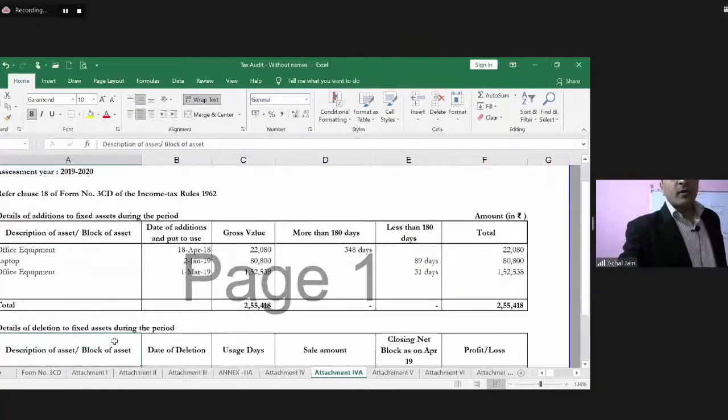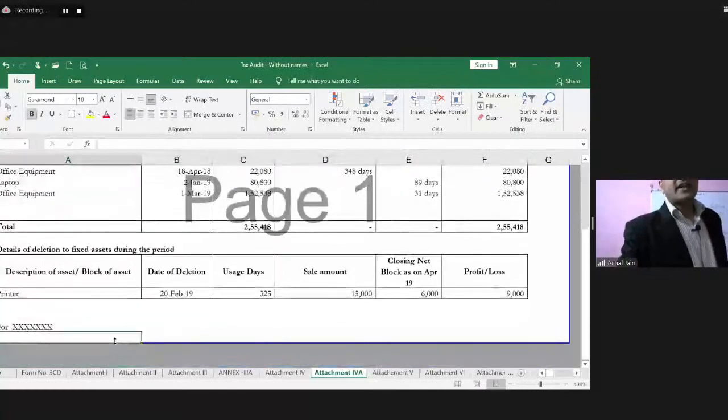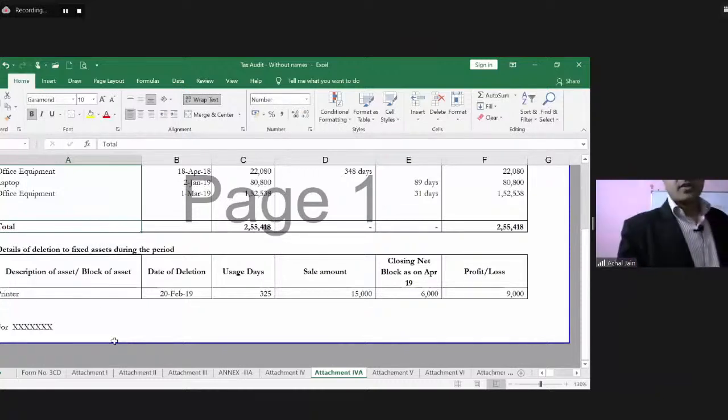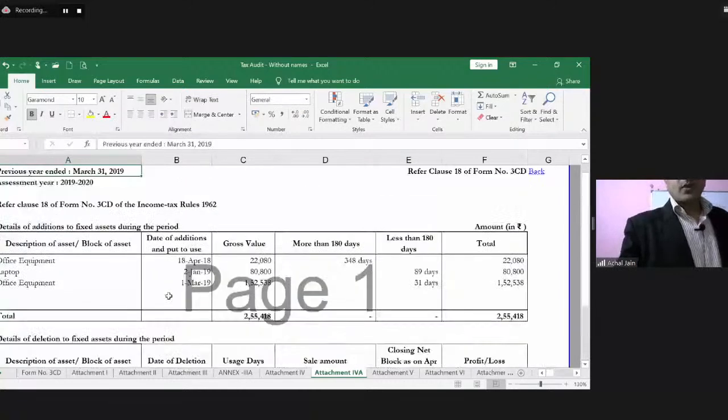Similarly, if you go below, there would be details of deletions to fixed assets during the year. This data would generally not be very voluminous, because it's always about additions which is found to be voluminous. Okay.